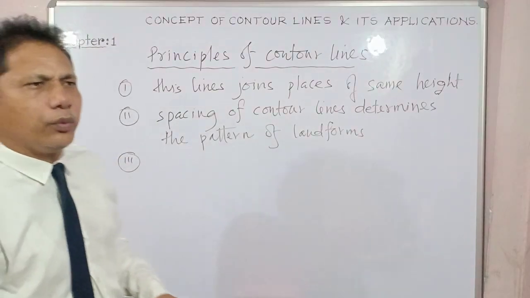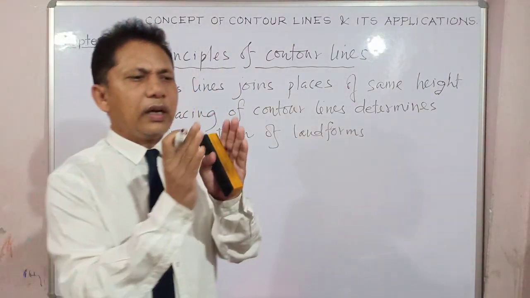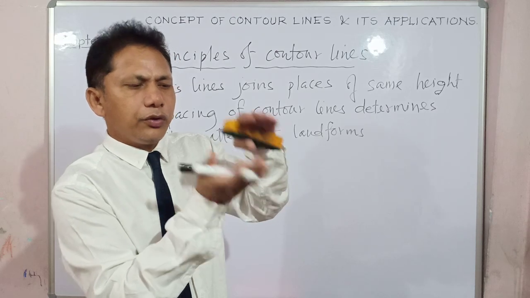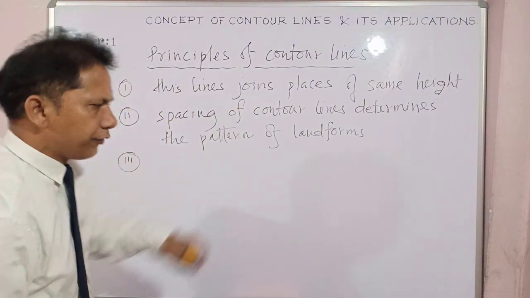Number three: the vertical height, the elevation difference between two consecutive contours, is 20 meter, which remains fixed.